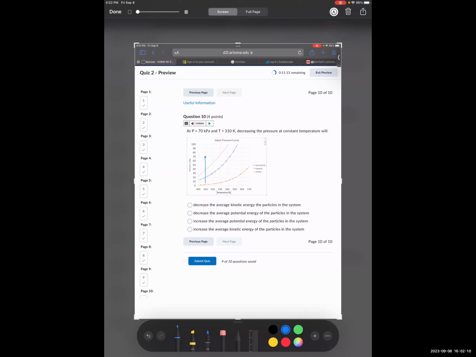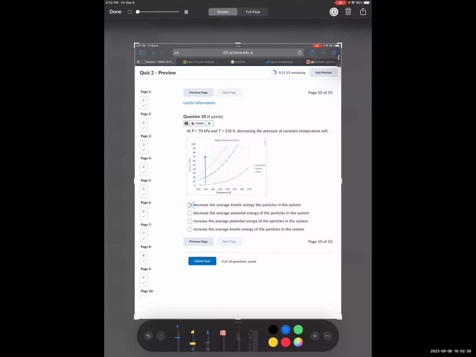Decrease the average kinetic energy? No. If you're maintaining the same temperature, the kinetic energy per particle should stay constant. So this is incorrect. Decrease the average potential energy? Actually, we are increasing the potential energy, because above the curve we have a liquid and below the curve we have a gas.